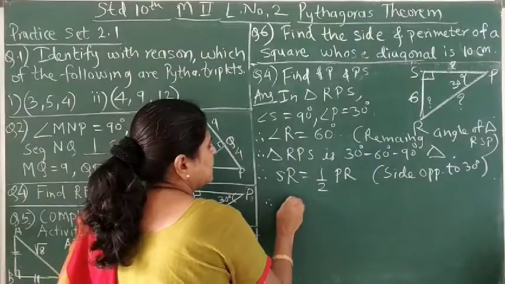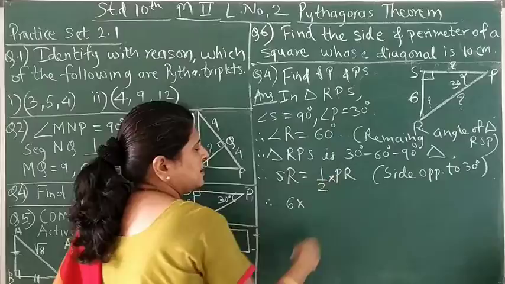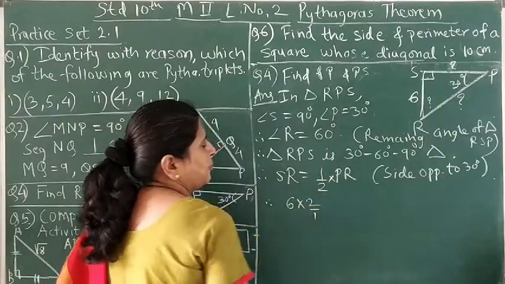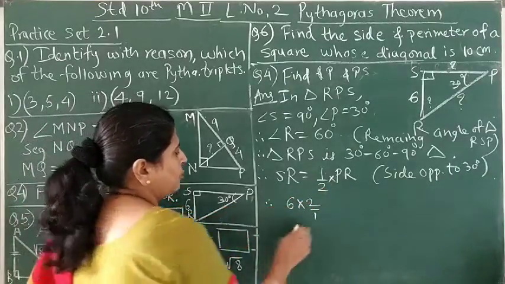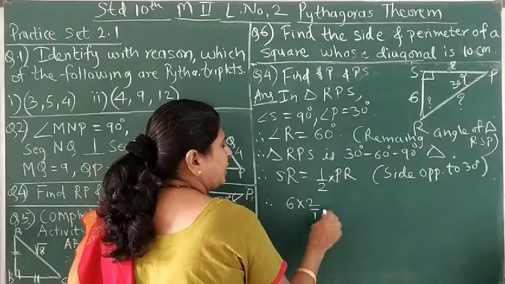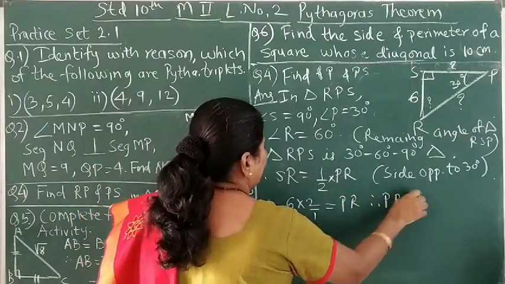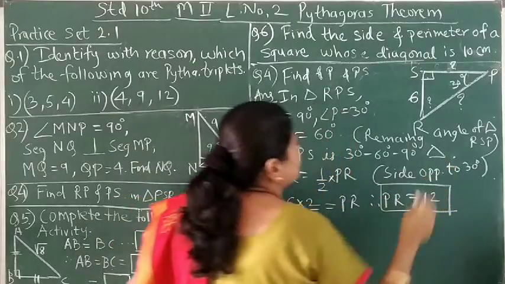Now we know SR is 6. This half, we have to take to this side, but as it is a product of fraction, it will come as the reciprocal. Or the other way, if it is divided by 2, here it is multiplied by 2. So 6 upon 1 is equal to PR, and therefore PR is equal to 6 2s are 12.